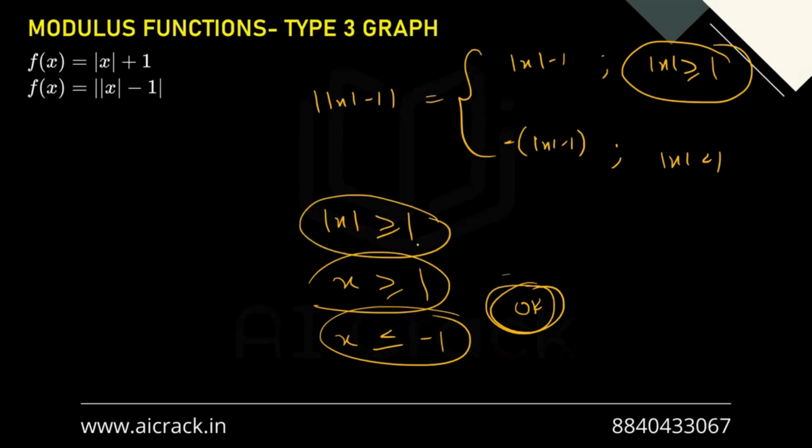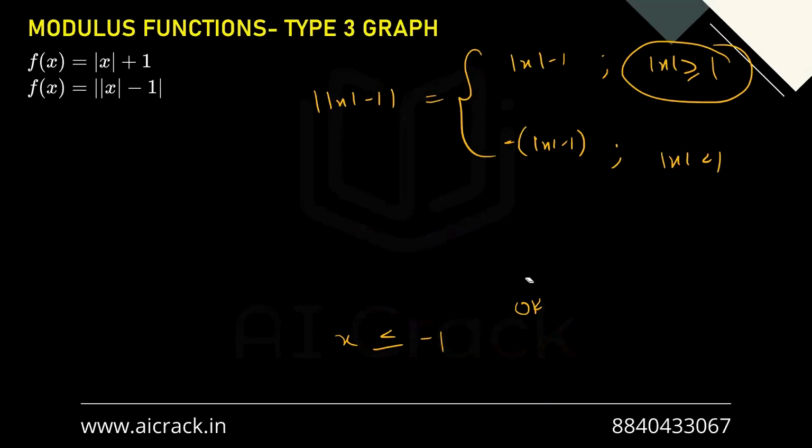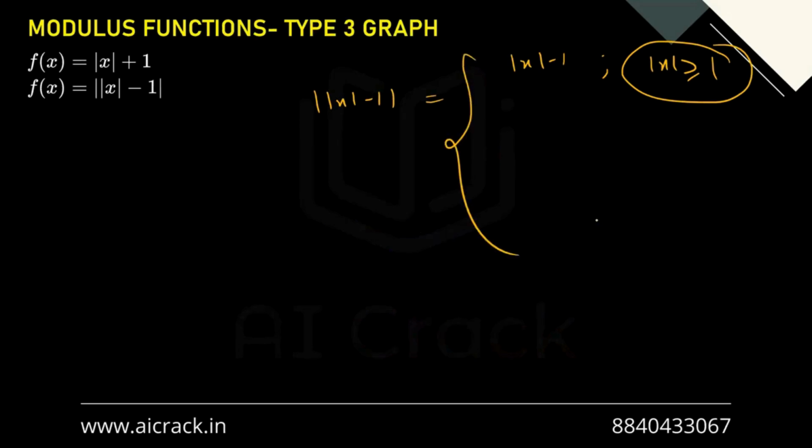Now let's open up once again. Let's remove this one for a while. We'll write this once again. Okay. Now in this case, we are writing in two parts. X is either greater than equals to 1 or x is less than equals to minus 1. We have opened that up into two parts, right?